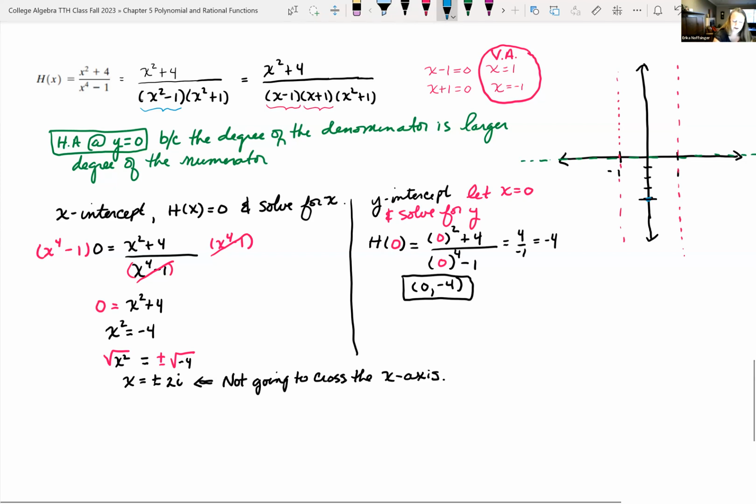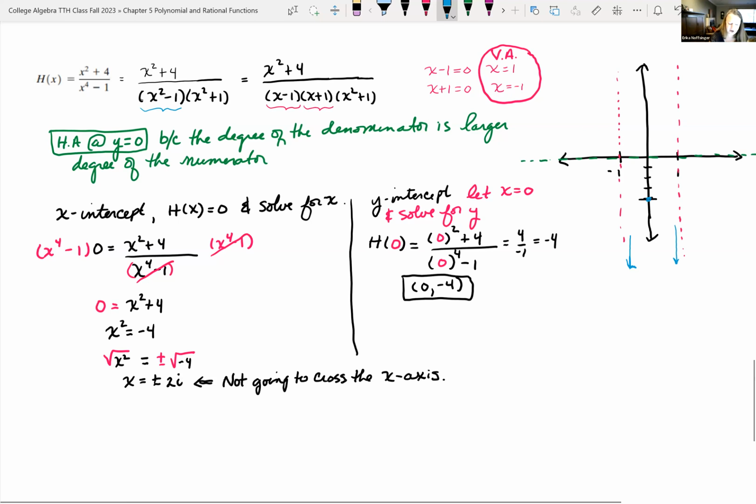Okay, so just by knowing where my vertical asymptotes are, knowing that I'm not going to cross my x-axis, and knowing that I have a point between -1 and 1 at (0, -4), I know that somehow my graph in between -1 and 1 is going to be hugging the vertical asymptote on the right of -1, and on the left of +1. Because I can't turn around and cross that x-axis, since there's no x-intercept.